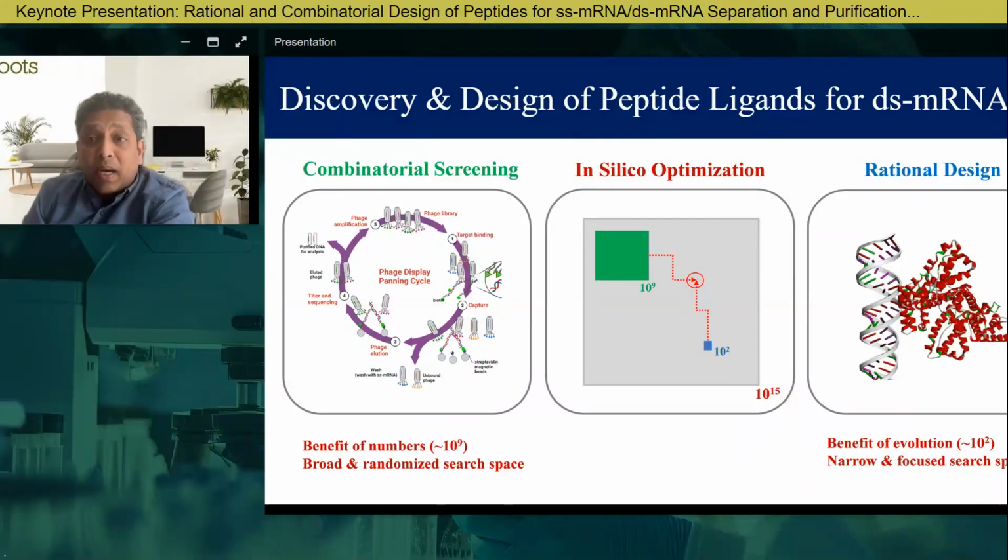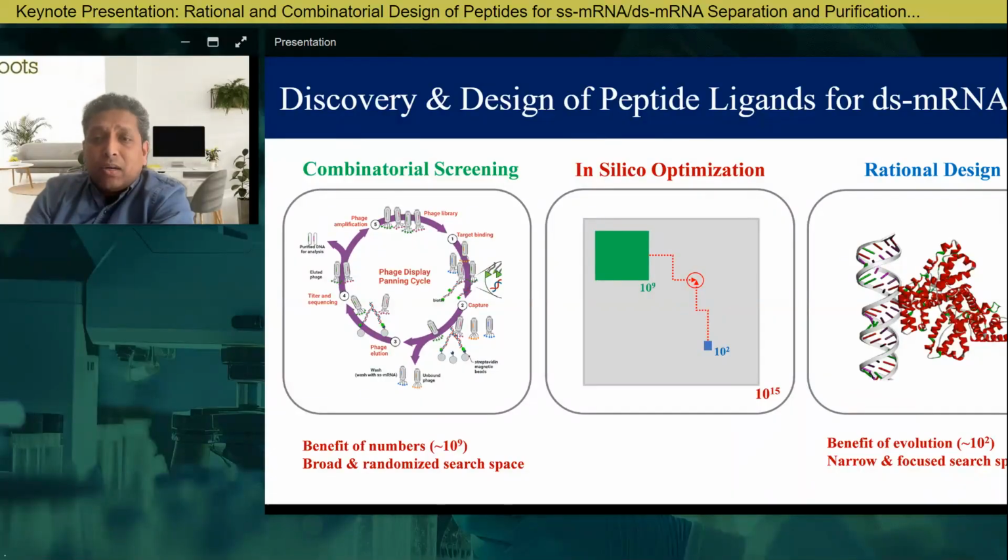And so we can optimize around the findings of both of these approaches, combinatorial on one side and rational on the other. And so I'll focus on those two strategies and our results from those two approaches, and then maybe spend just a minute or so on how we will use that information for in silico optimization.